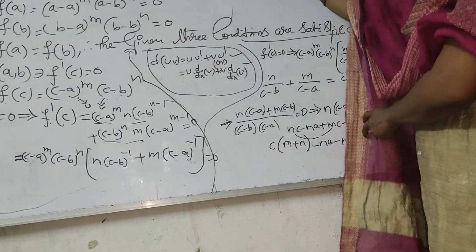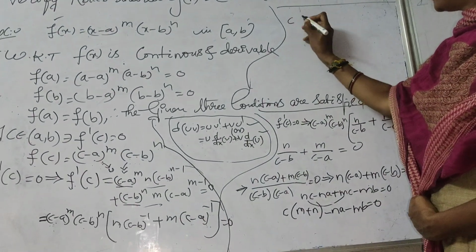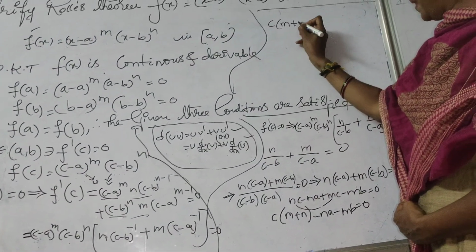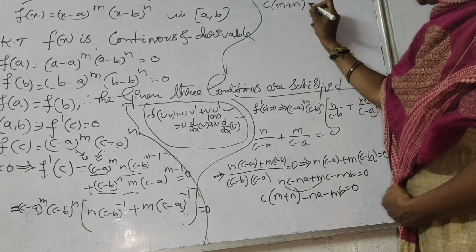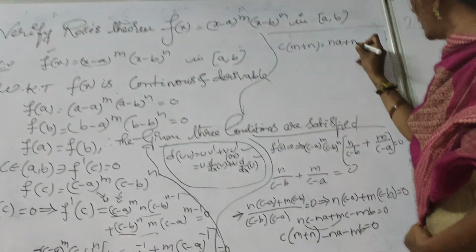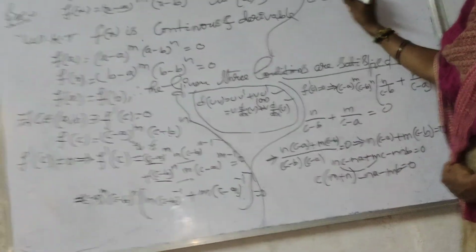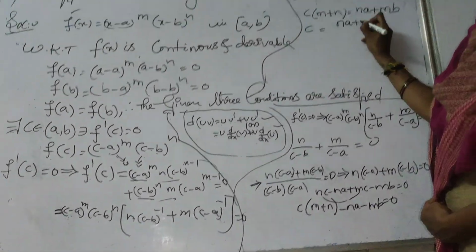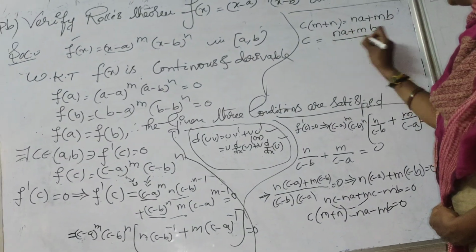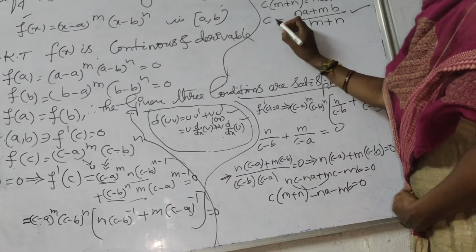Next, c into m plus n equals na plus mb. Therefore c equals na plus mb by m plus n. This is the c value.